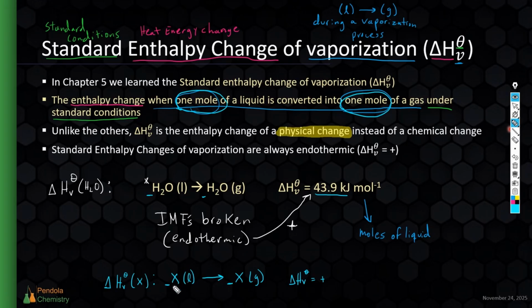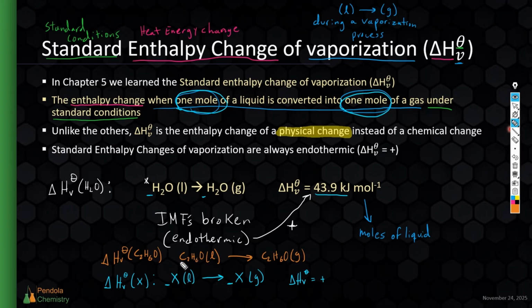Now, like I said, if this was any other chemical, all we have to do is replace X with that chemical. So if this was delta H of vaporization standard of, let's say, ethanol, which is C2H6O, then all we'll have to do is say C2H6O liquid yields C2H6O gas.